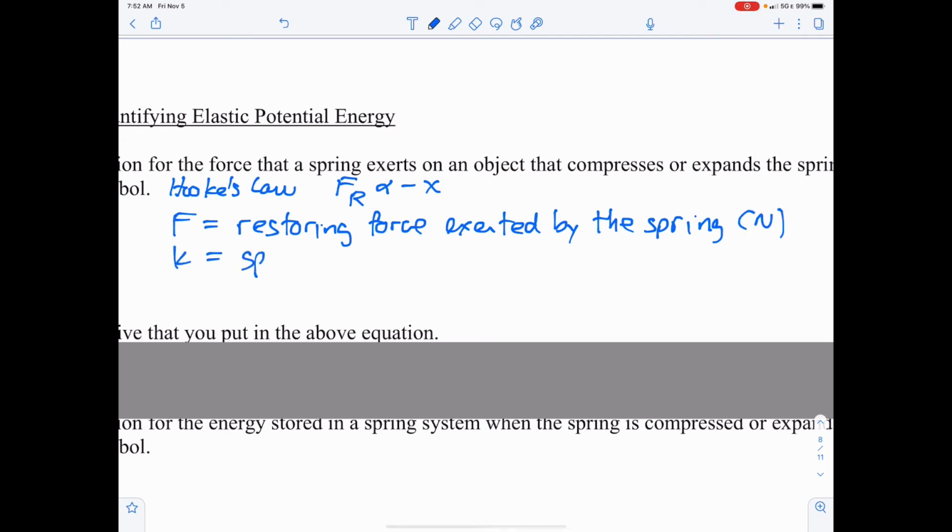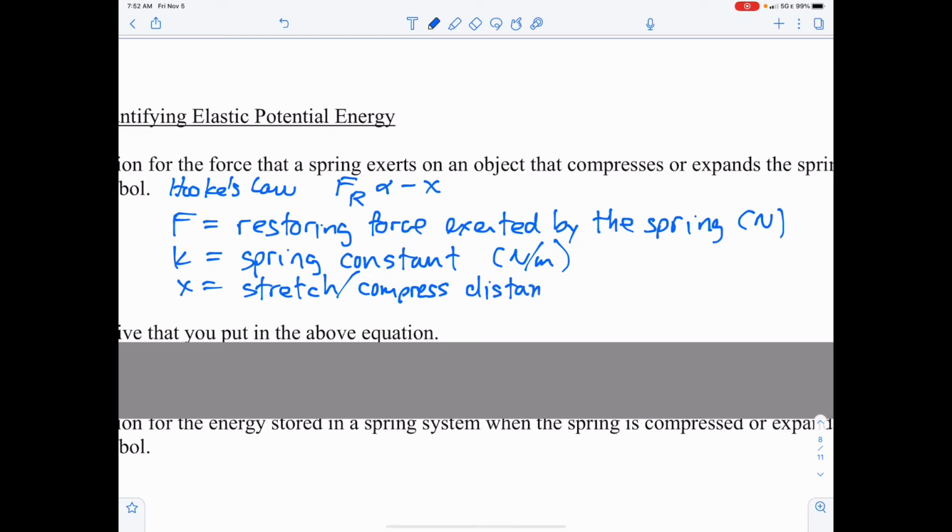K is the spring constant in newtons per meter. And X is the stretch or compress distance of the spring, and that's going to be in meters.